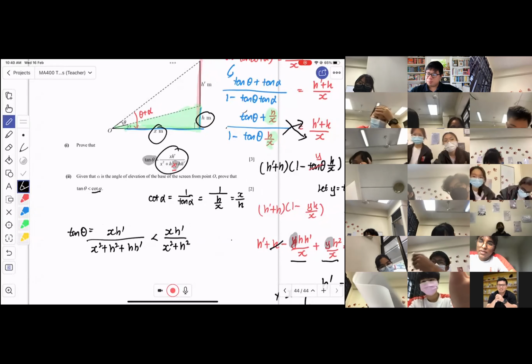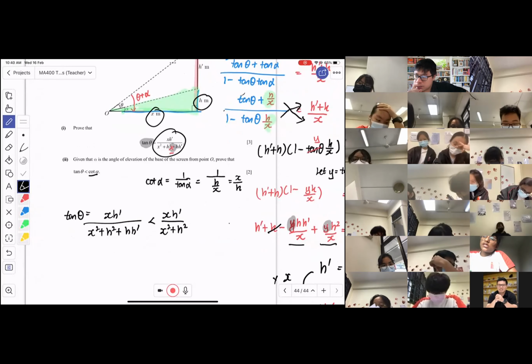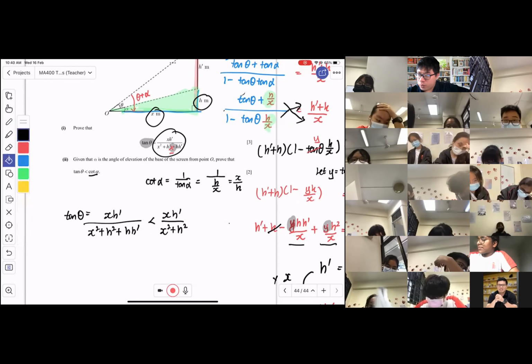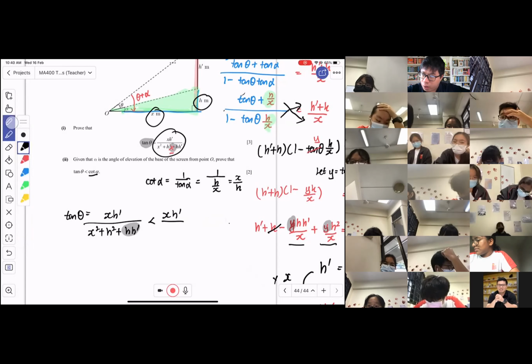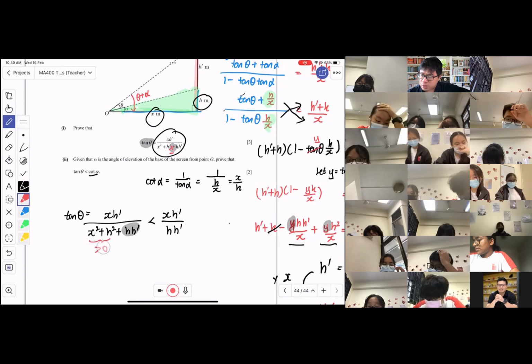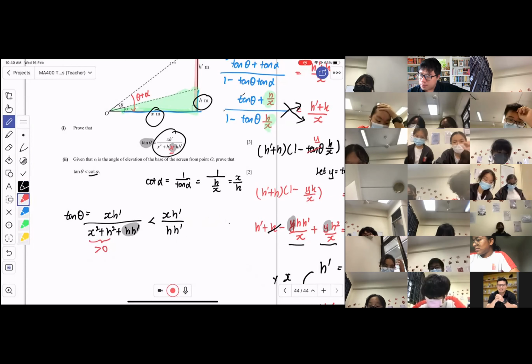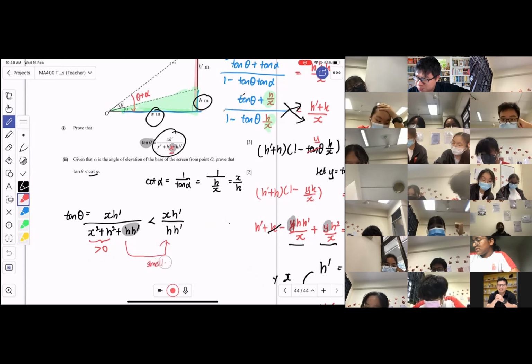So from here, then x h prime. Another way is I can consider that this is the only one that is over h of h prime. Since this is positive, this is positive. The reason is, if you compare here to here, it has a smaller denominator.